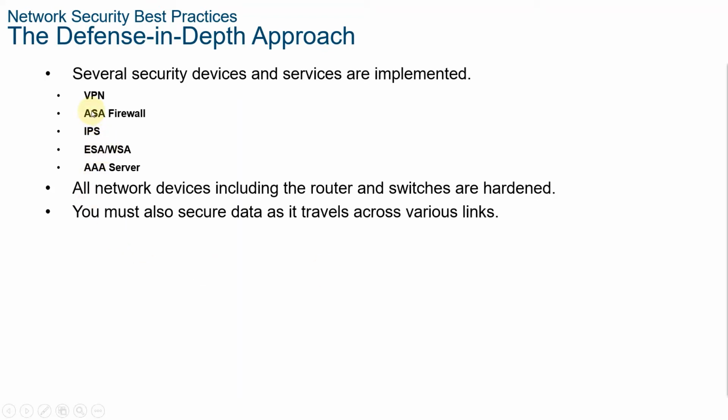It includes a VPN. What is a VPN? A VPN is a router used to provide secure VPN services with corporate sites and remote access support for remote users using secure encrypted tunnels. You can also have the ASA firewall. This is a dedicated device which provides stateful firewall services.